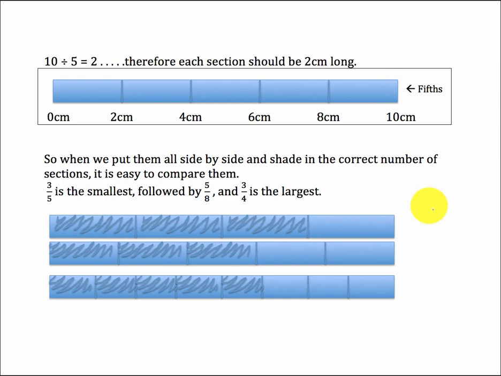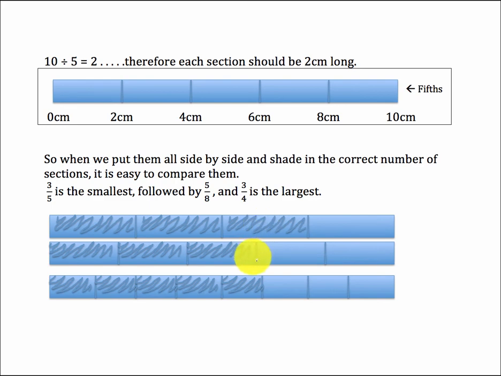So when we put them all side by side and shade in the correct number of sections, it's easy to compare them. This first strip was split up into quarters or fourths. The second strip we had was split up into fifths, the one we just did, and the last strip was split up into eighths. So in this first rectangle, I wanted to show 3/4, so I shade in 1, 2, 3.